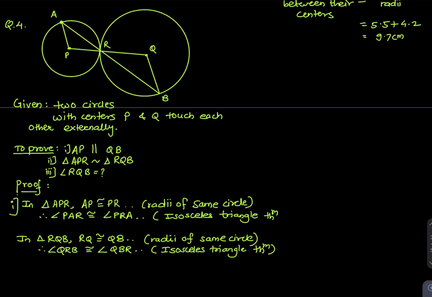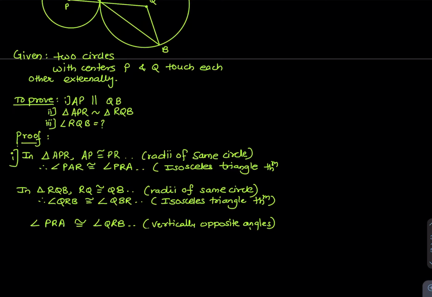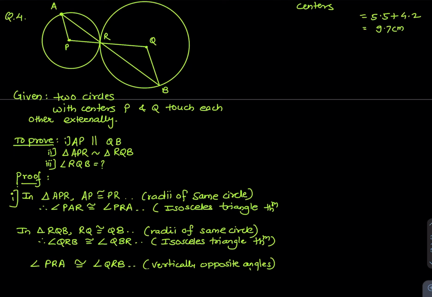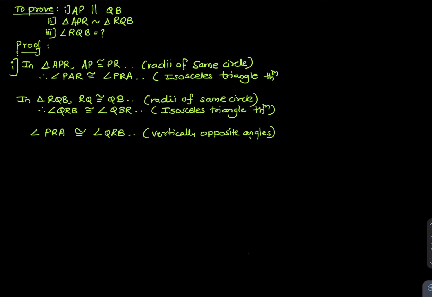And similarly, using isosceles triangle theorem, we get angle QRB congruent to angle QBR. So next, angle PRA will be congruent to angle QRB. See in the diagram, PRA congruent to QRB. The reason for this is vertically opposite angles are congruent.